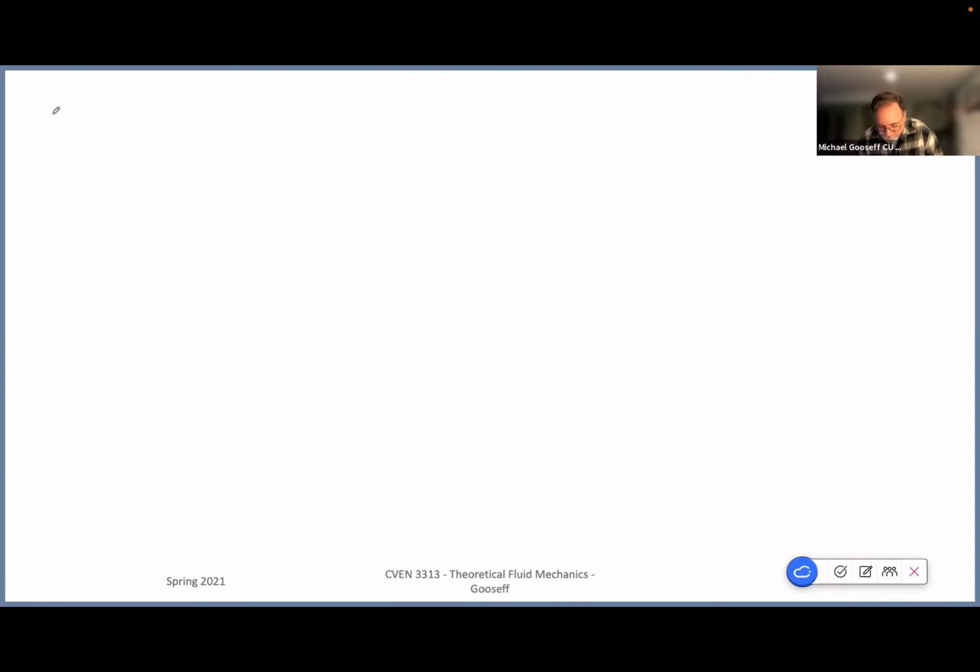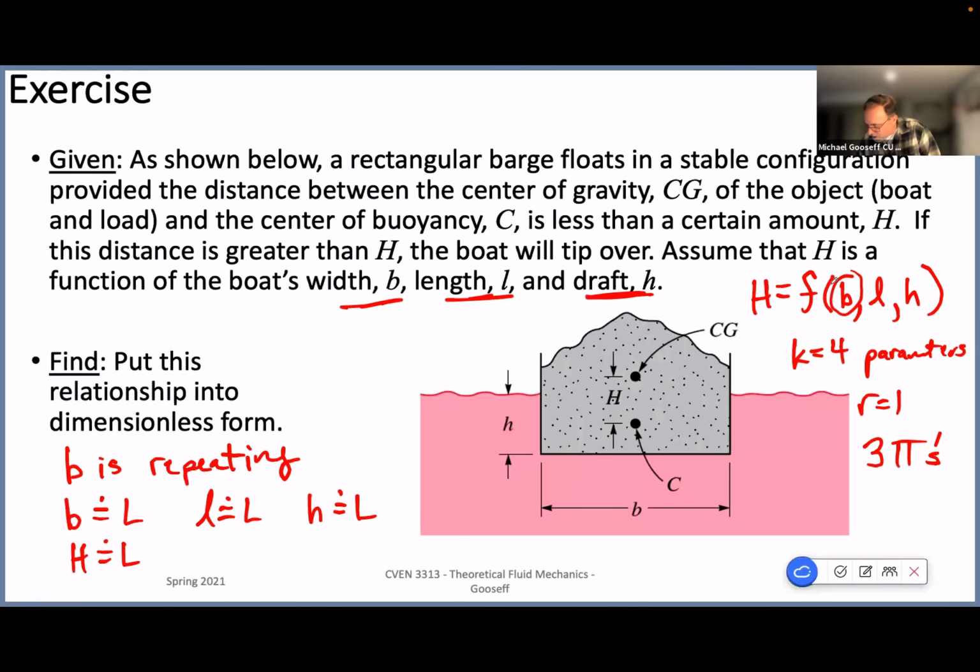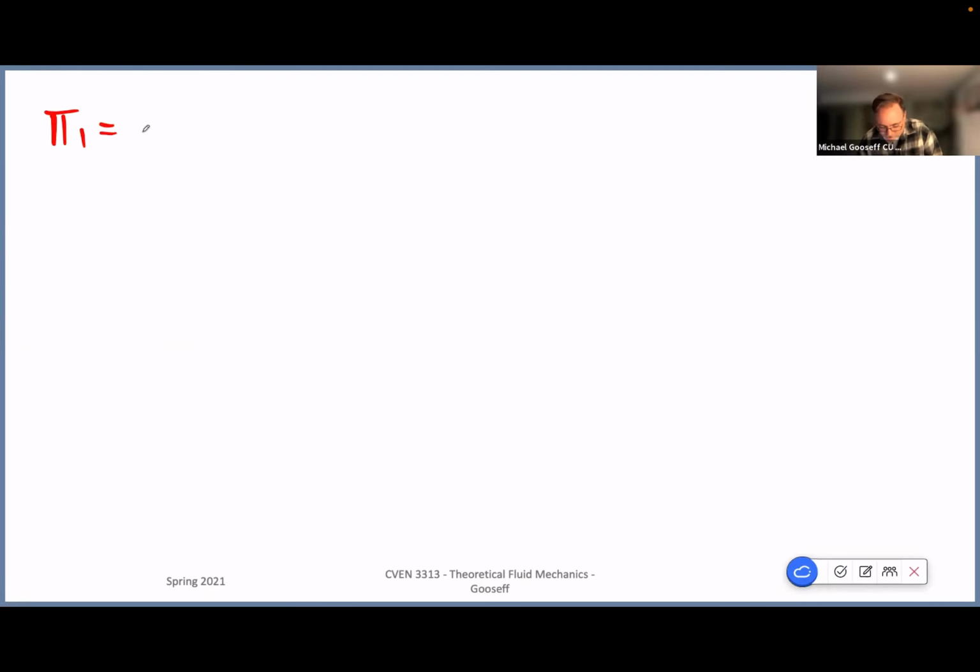So pi 1 is equal to, I'm just going to go back here real quick. We said B was repeating. First, we need to start with H as the thing we care about. So pi 1 is equal to H, which is not repeating, times B, which is repeating. And of course, for dimensions of length, we get 1 plus a, and that's got to equal 0, right?